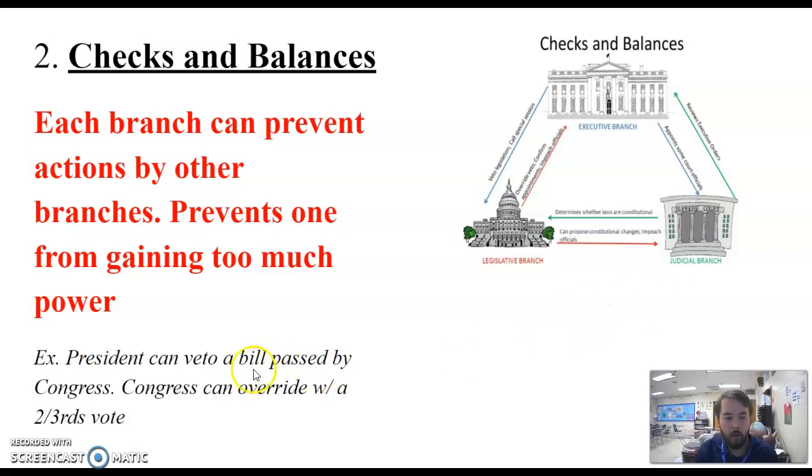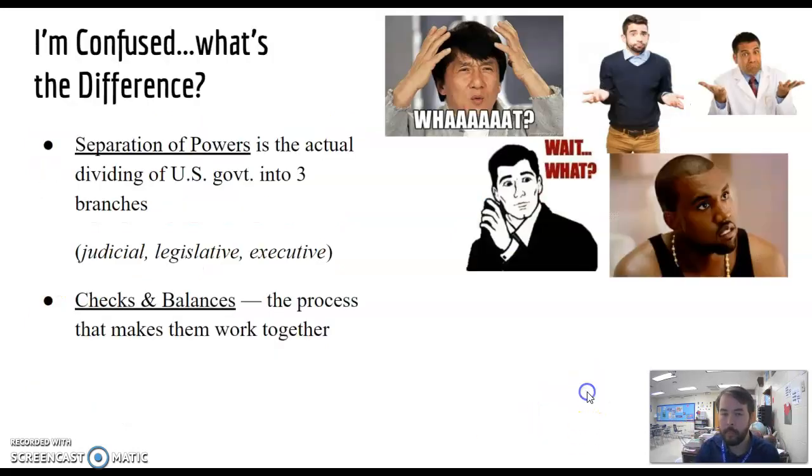So here's an example. A president can veto a bill passed by Congress. So that means that Congress can draft a bill, give it to the president, and then he can say, no, we're not going to make that a law. In turn, Congress can then override that with a 2/3 vote in Congress. So you see how they work together to cancel out each other's power and make sure that everybody stays in their lane, so to speak.